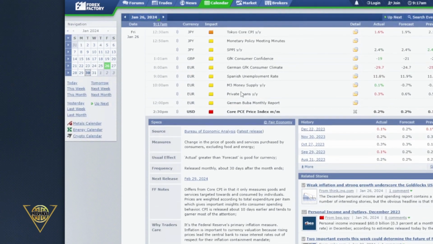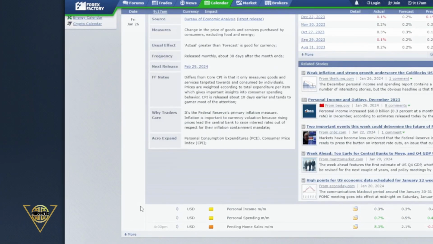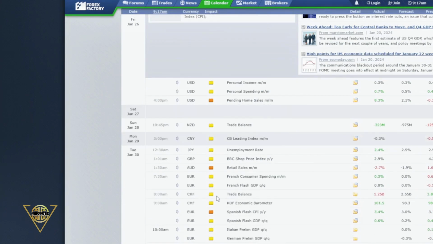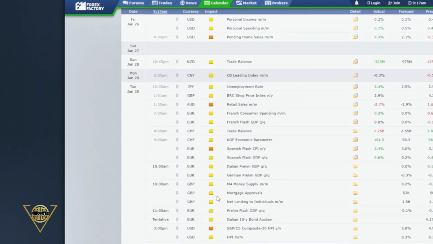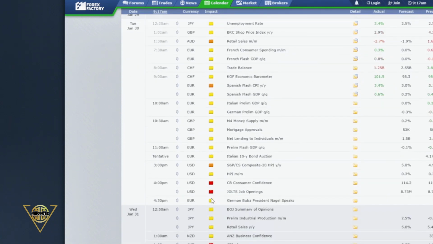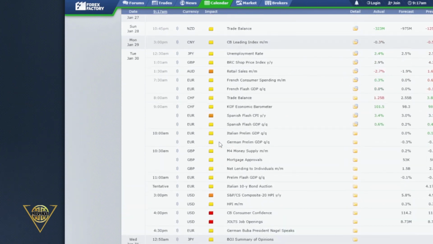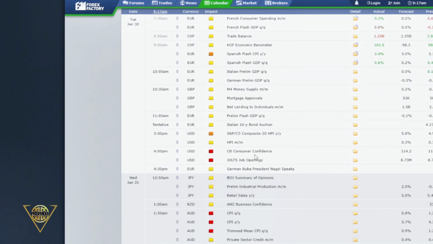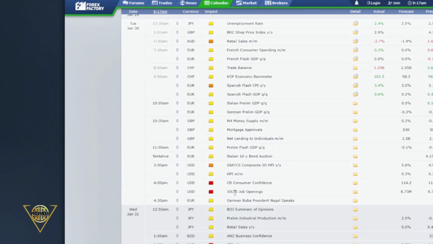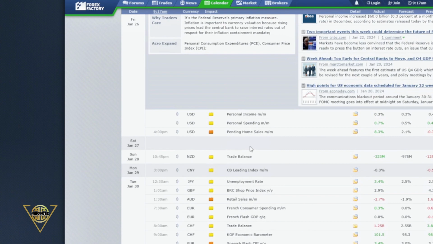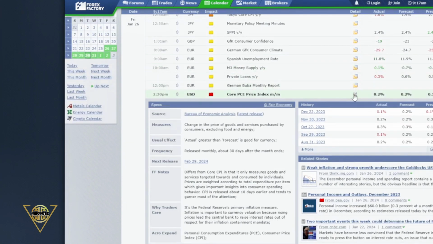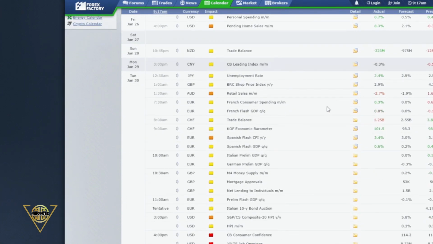I'm on the wrong week. Tuesday. Here we got it. Yeah, I was thinking we got red folders as well. All right, cool. So we have orange folder at 3 o'clock, and a red folder at 4 o'clock. So once again, we have a news heavy week. We had two cool days that were not so much what was happening, and now we're back at it.